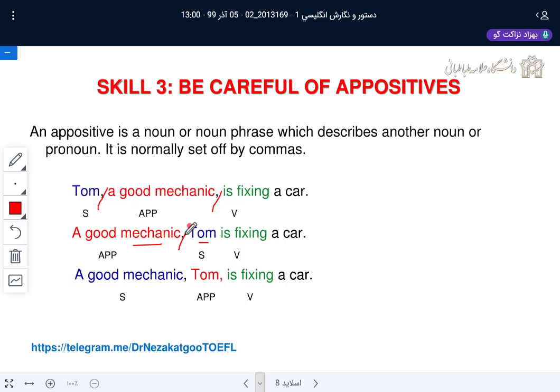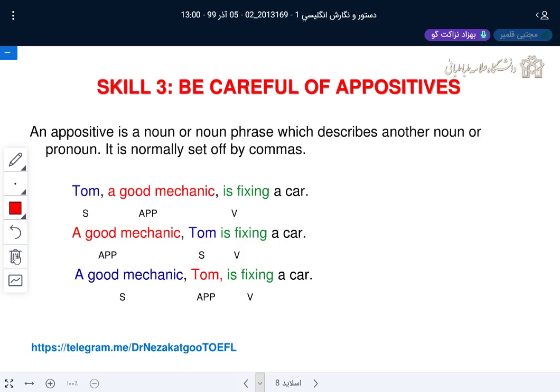So if we drop this, again, what happens? Well, I think, as you said, we are gonna have two subjects for one verb, and the sentence is gonna be grammatically wrong. Very good.